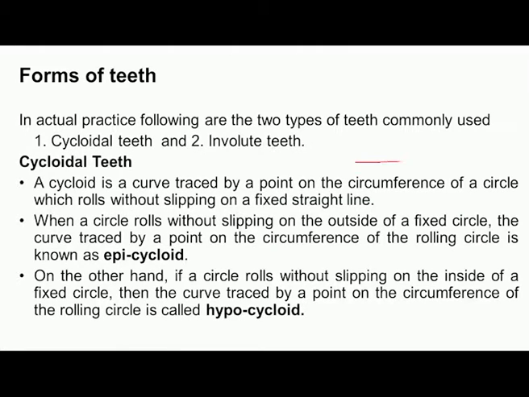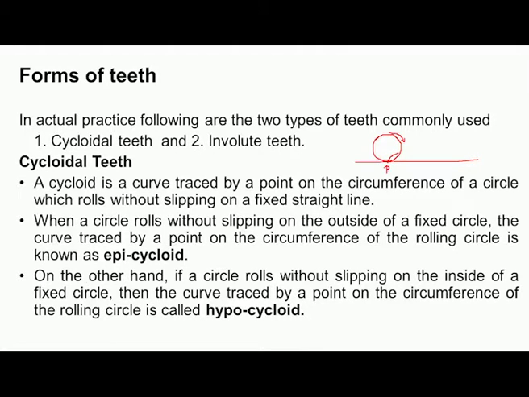For example, say we have a fixed straight line and then we have a wheel which will roll on this fixed line without any slippage. Now, we consider a point on the circumference. When we roll this wheel, what is the path followed by this particular point? This profile is called a cycloid.